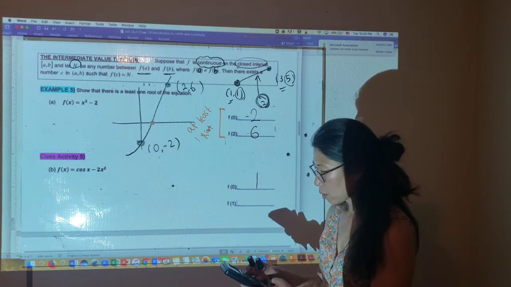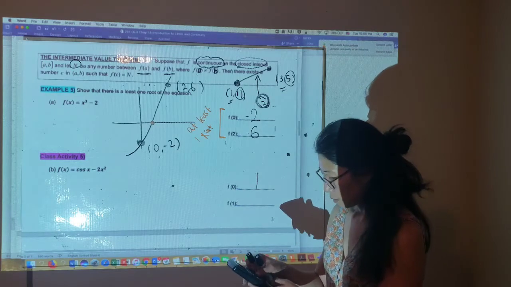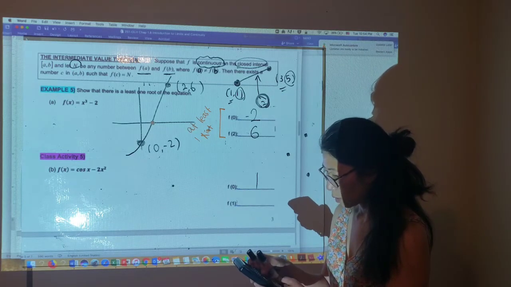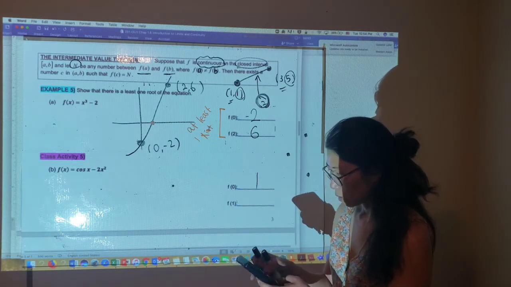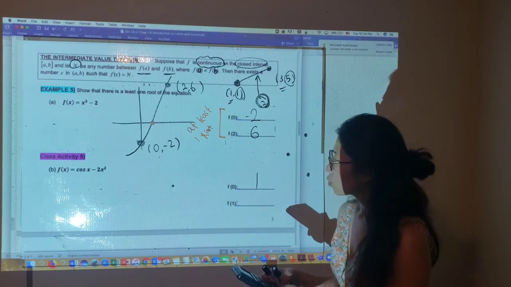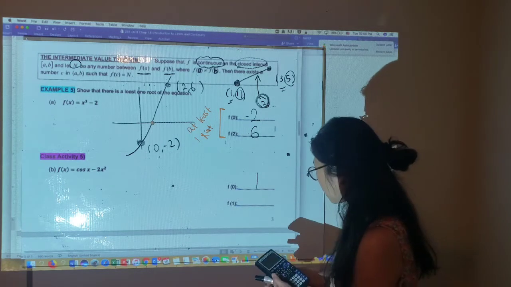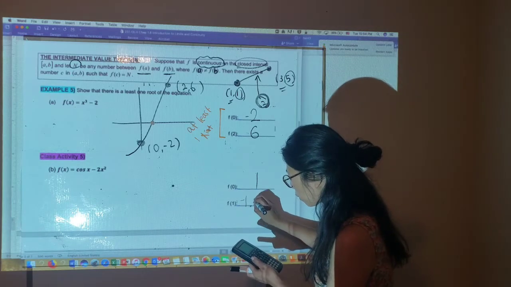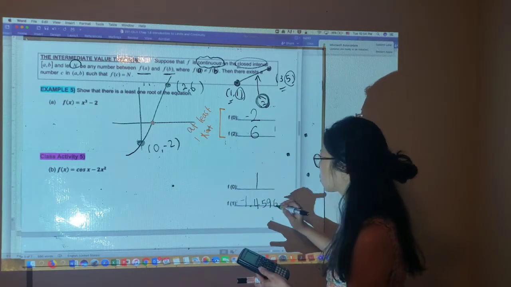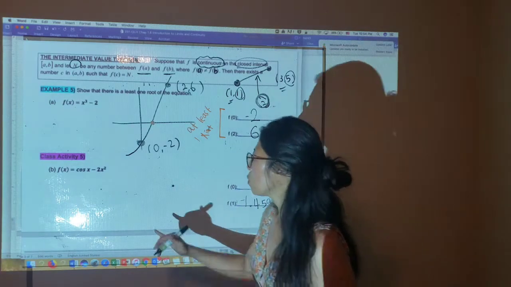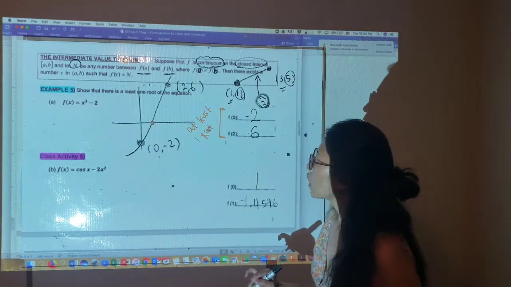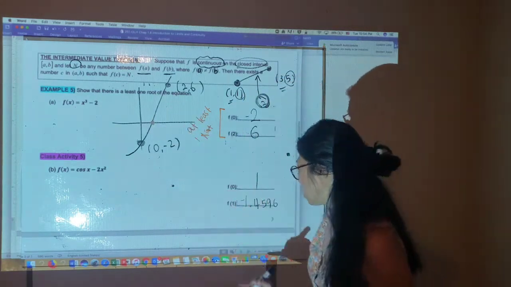Cosine 1, it should be in radians, and minus 2. Then I get negative 1.4596.